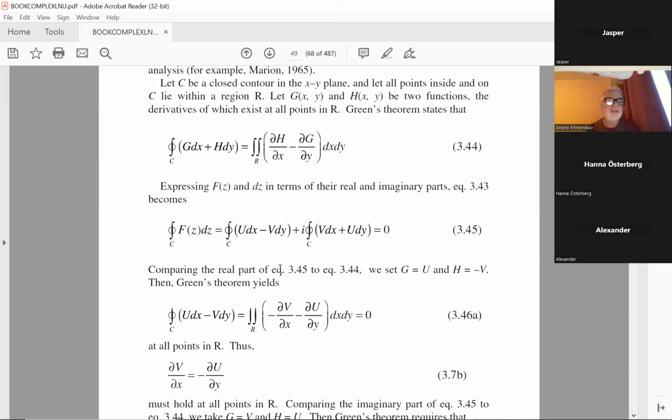So now we select as g this u, and as h minus v, so we want to identify this and this. If a complex number is equal to 0, both the real part and the imaginary part are equal to 0. So for us, it's enough that this is 0.